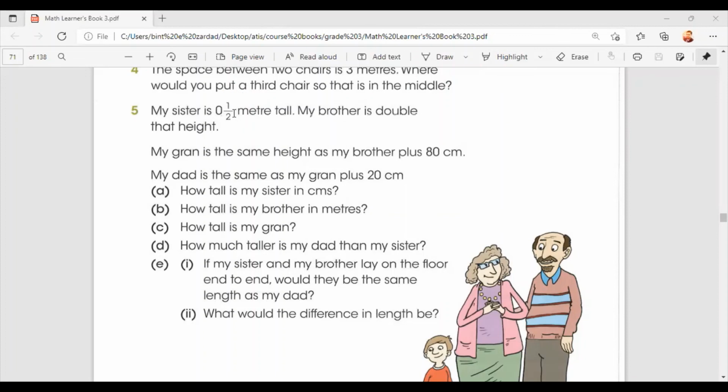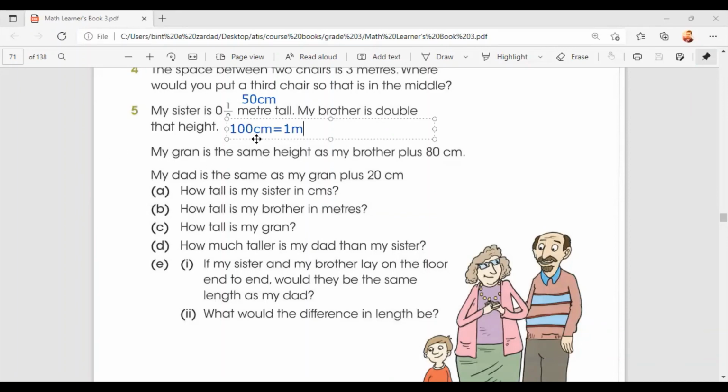My sister is half meter. 1 meter equals 100 centimeter, so half meter is 50 centimeter. And my brother is double that height, so 100 centimeter, which equals 1 meter.